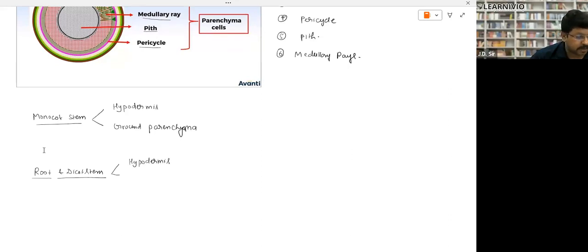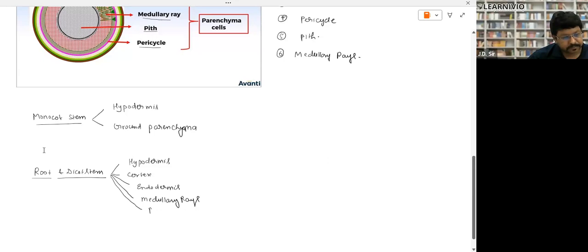After epidermis there will be hypodermis, then cortex, then endodermis, and then medullary ray, and then pith. Please note it down.